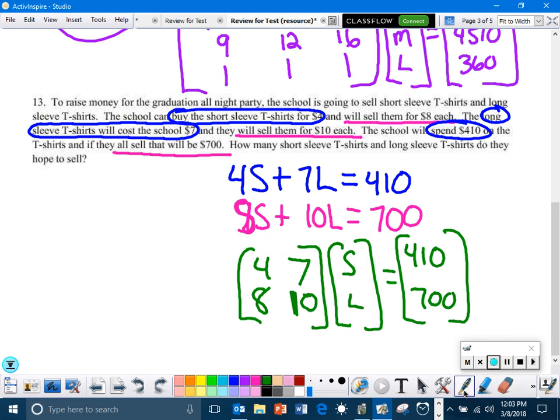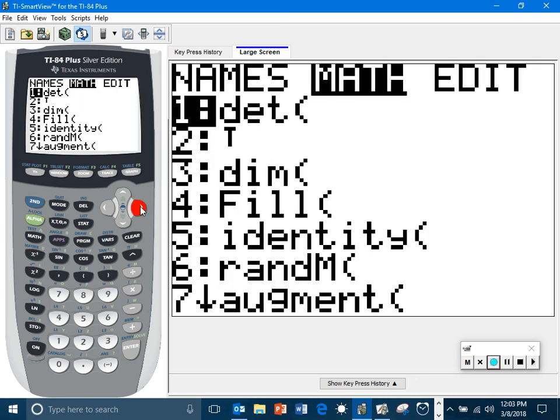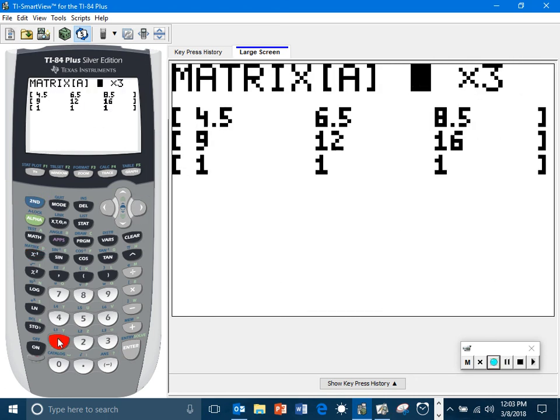Okay, let me type this in. Again, I have to change my dimensions.